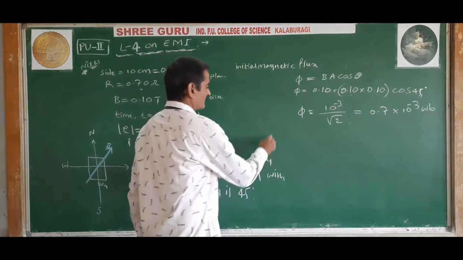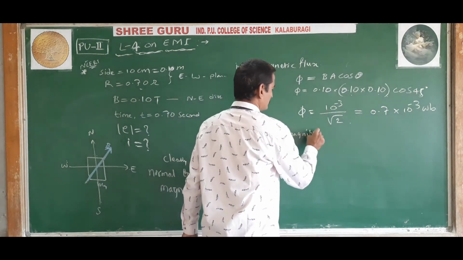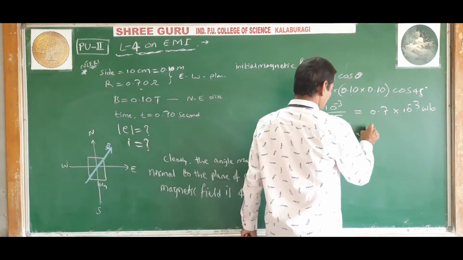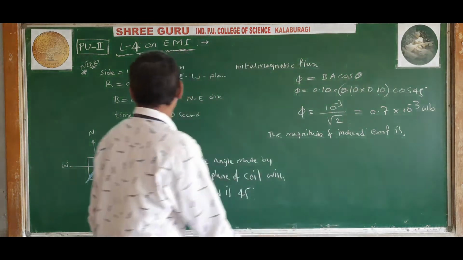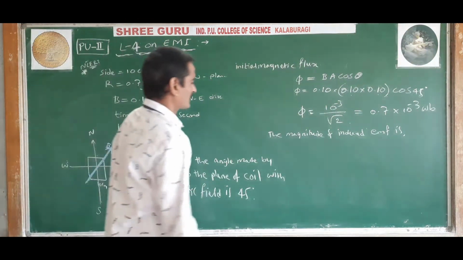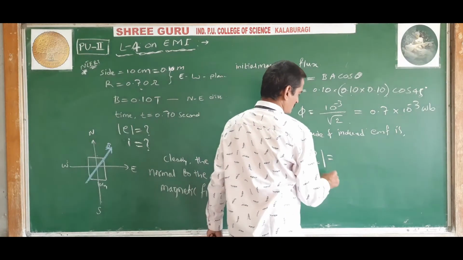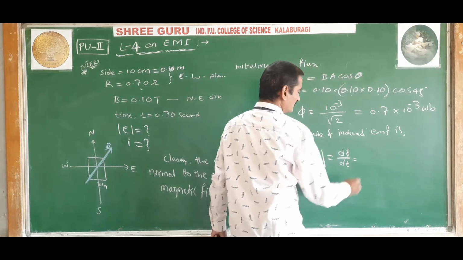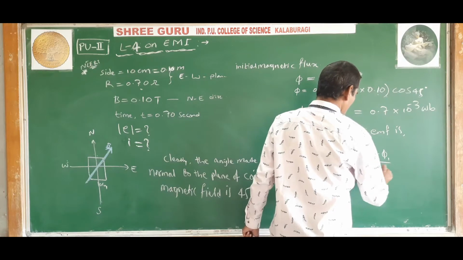Now the magnitude of induced EMF. The number of turns is not given. So E, the magnitude of induced EMF, is d phi by dt, which we write as phi 2 minus phi 1 divided by t.